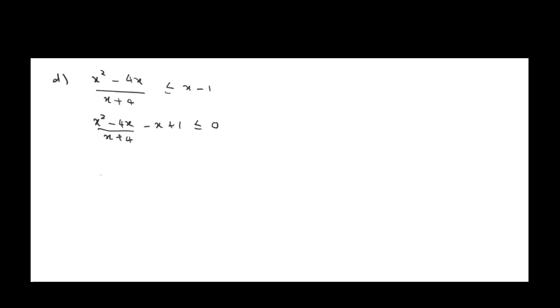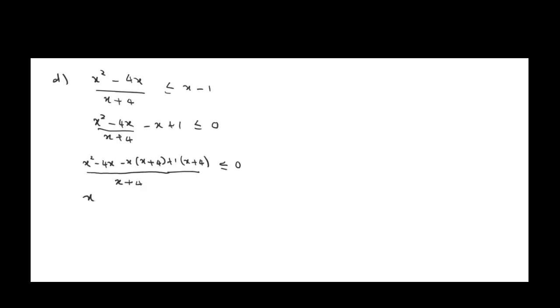And then we make the expression on the left side into one fraction. The least common denominator is x plus 4. So in the numerator we have x squared minus 4x minus x multiplied by x plus 4, plus 1 multiplied by x plus 4, less than or equal to 0. Then simplify the numerator.